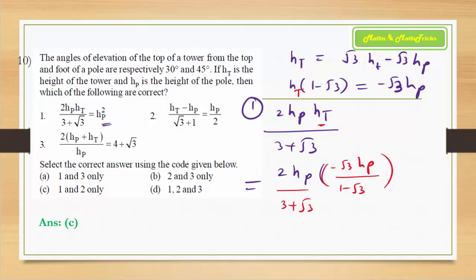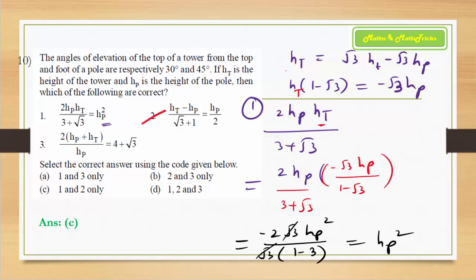So the simplification yields minus 2 root 3 HP squared, and in the denominator, by taking root 3 common, it becomes root 3 times (1 minus root 3)(1 plus root 3), which is 1 minus 3. You can see the root 3 cancels and the minus 2 cancels, and you'll get HP squared. Similarly, I'm leaving this part for you: the second equation is also true.